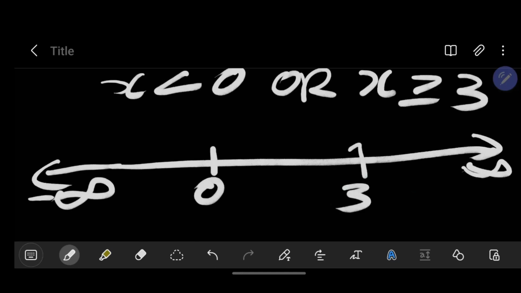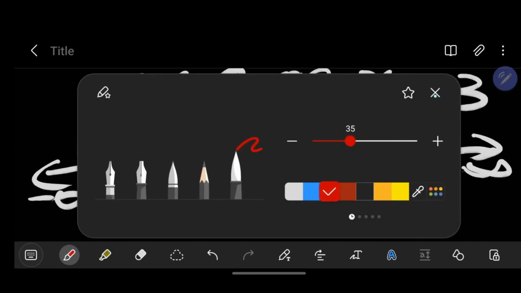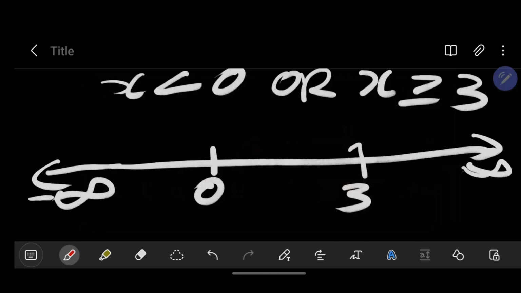Let's break this up first so we can visualize it. x needs to be less than 0, meaning that we will have a round bracket at 0 and moving all the way to negative infinity. x is also greater than or equal to 3, so we'll have a closed circle here, or in this case a square bracket, and we move all the way to positive infinity.